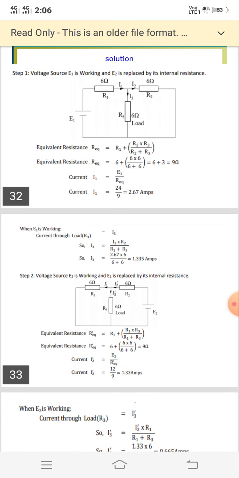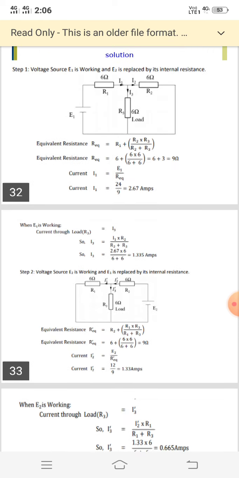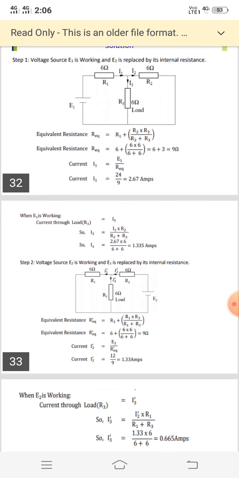Next, let us move to step 2. Here we just do the opposite of step 1. Step 1 action was to remove E2 and put a short circuit across it instead. Here, E2 is present, and E1 is removed and short circuited.